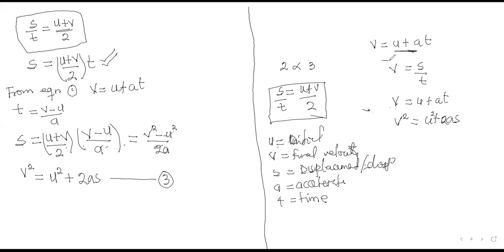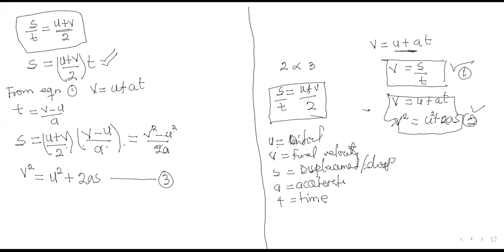What is the difference between the speed calculation here and these two? When do we use 1 and when do we use 2 to determine speed, V?